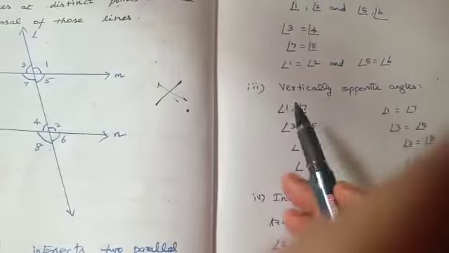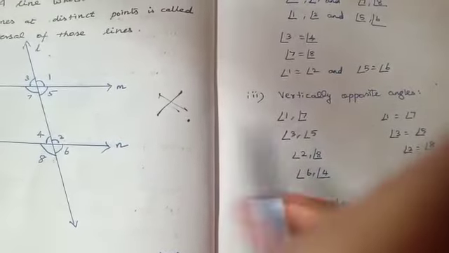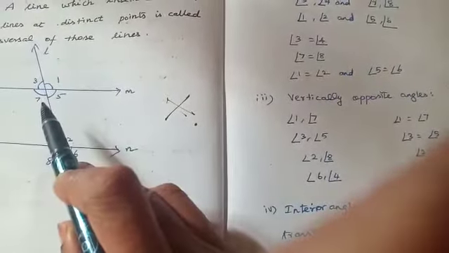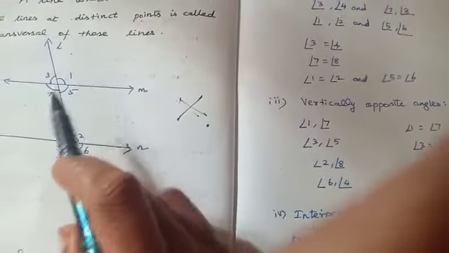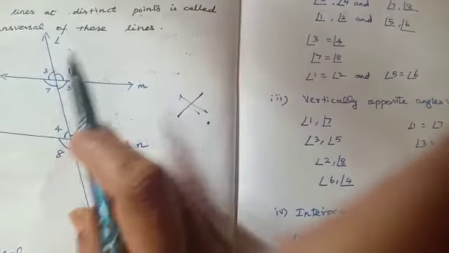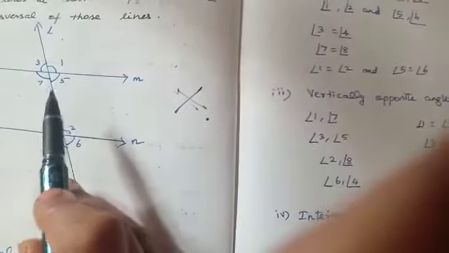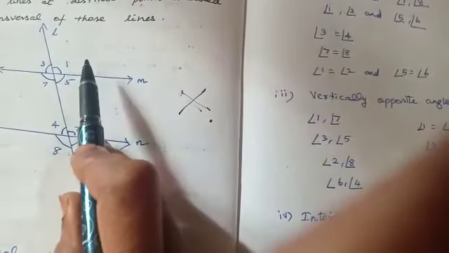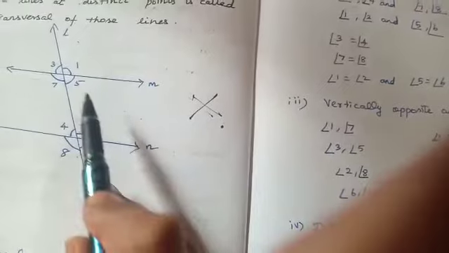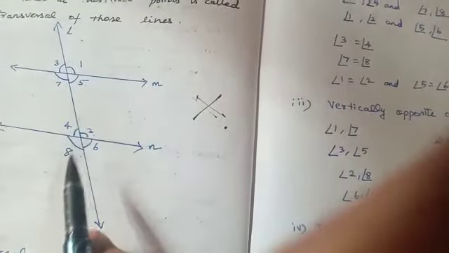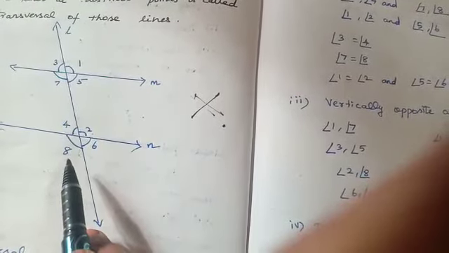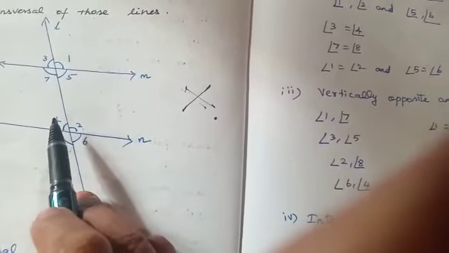Next, vertically opposite angles. Vertically opposite angles means one is inside and the other one is outside. That is, one interior angle and the other one an exterior angle. So angle 7 and angle 1, next angle 3 and angle 5, next angle 2 and angle 8, angle 6 and angle 4.